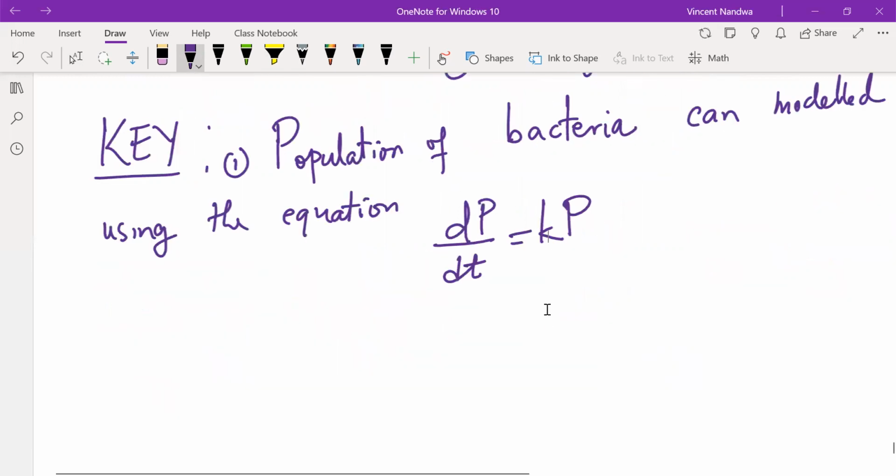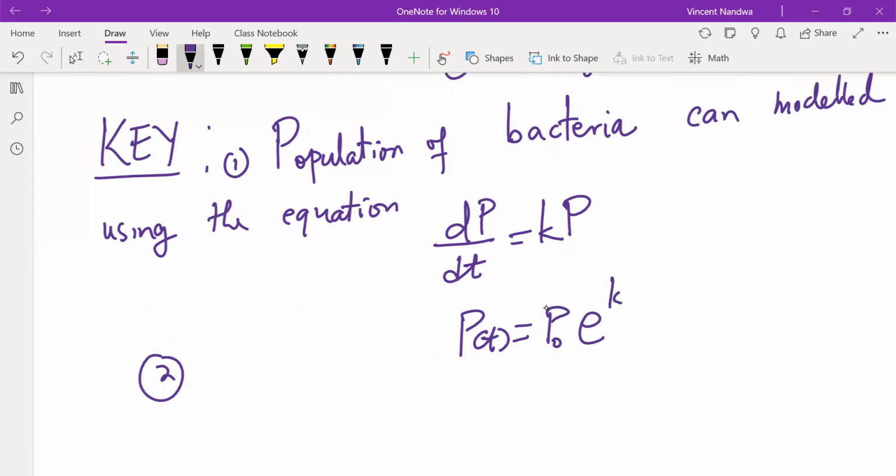They're the same as what you have written as the natural growth equation, whose solution is P of t is P naught e raised power kt. It's not very hard to get that solution by letting P at 0 to be P naught.